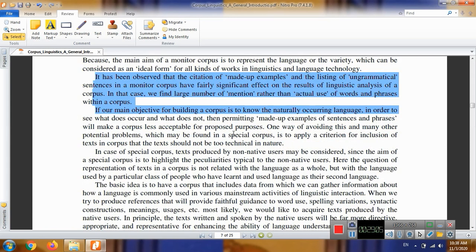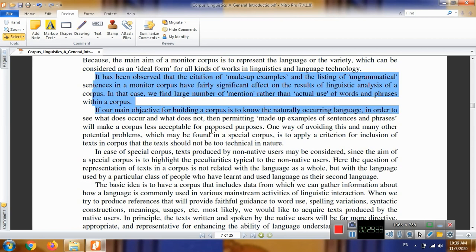If our main objective for building a corpus is to know the naturally occurring language in order to see what does occur and what does not, then permitting made-up examples of sentences and phrases will make a corpus less acceptable for the proposed purpose.